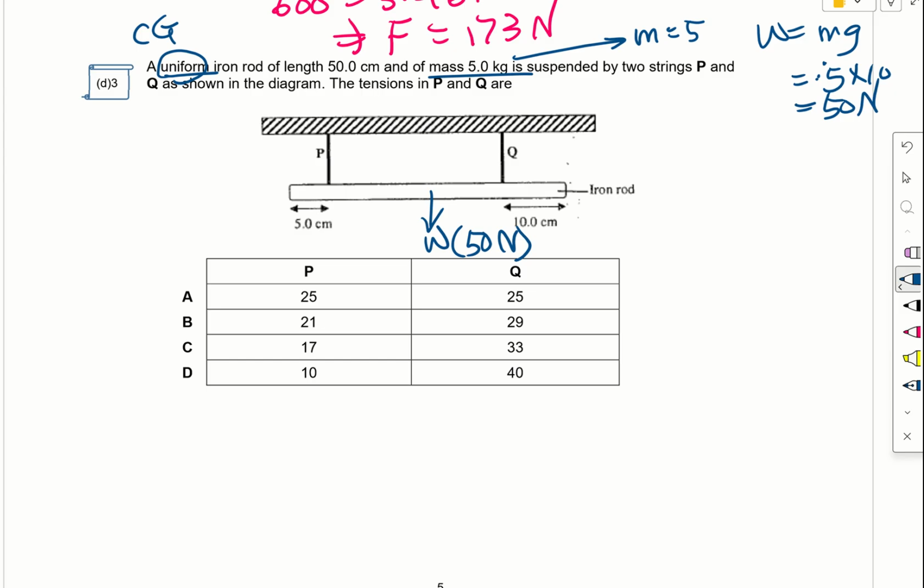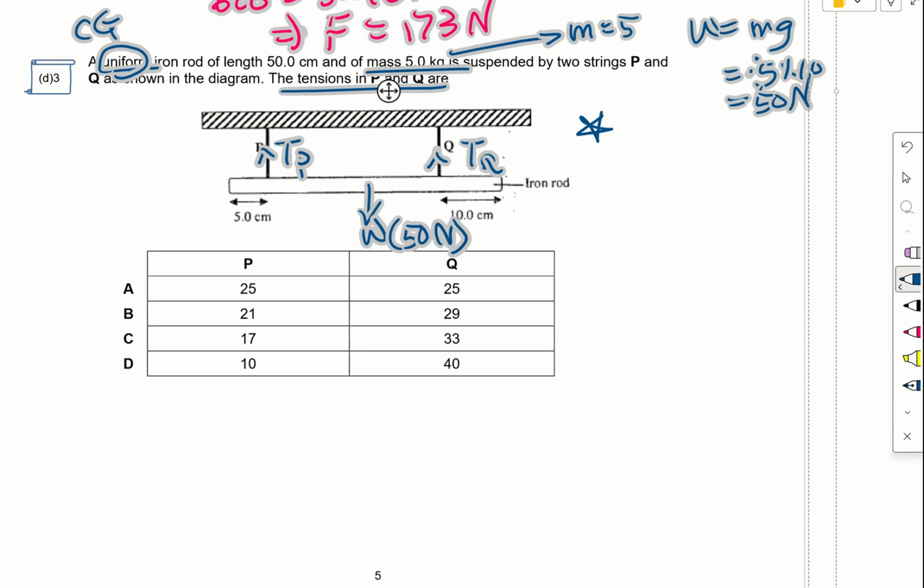Now it's suspended by 2 strings P and Q as shown. So the tension in P and Q, let's call it tension Q, must be pulling the iron rod up, right? And we have tension P, again pulling the rod up. So now this is a case whereby we have more than one support point, more than one pivot. Okay, so this is very important.